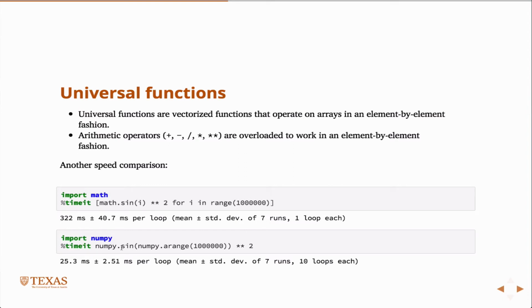Here I create the array with this command, so this is array 1, 2, 3, all the way to 1,000,000. And then I just call the sine function on the entire array. And then I square what appears to be the entire array, but of course what I'm doing here is squaring every entry in the array. These produce the exact same result, and again, more than an order of magnitude faster in the Numpy implementation.